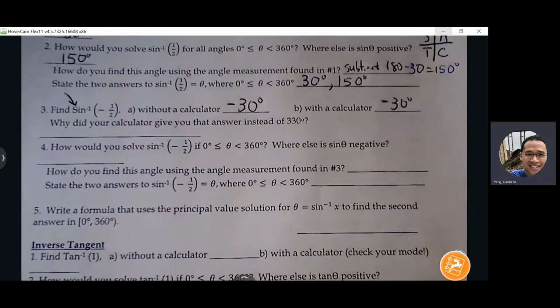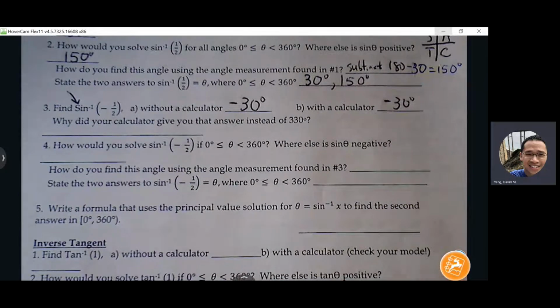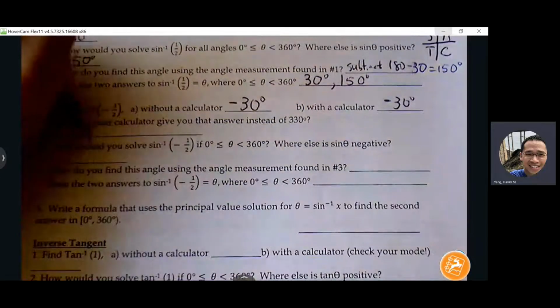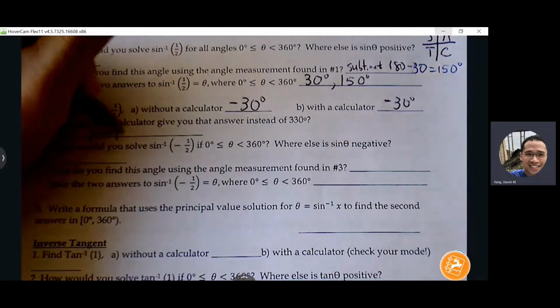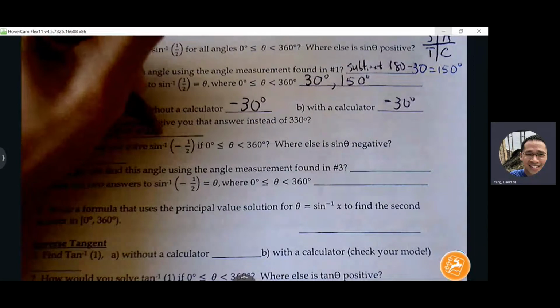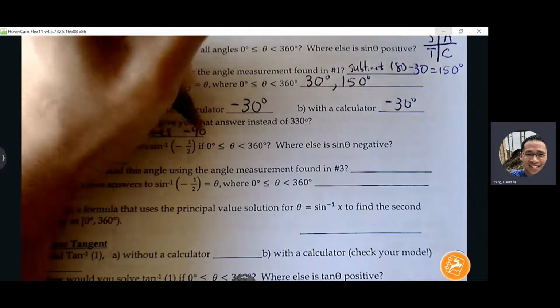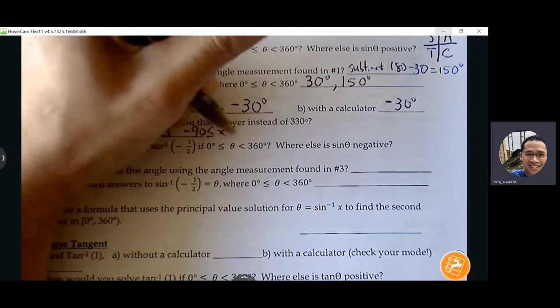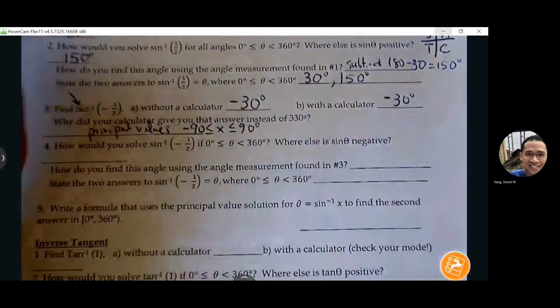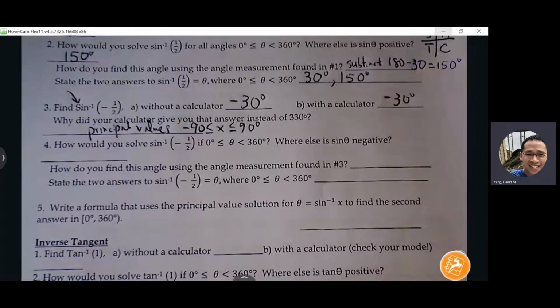Okay, why did our calculator give our answer of negative 30 instead of 330 degrees? Because your calculator is always going to give you your principal values for inverse functions. And it's between negative pi over 2 and pi over 2 for radians, but for degrees, it's going to be between negative 90 and 90 degrees. Right, between fourth and first quadrant.